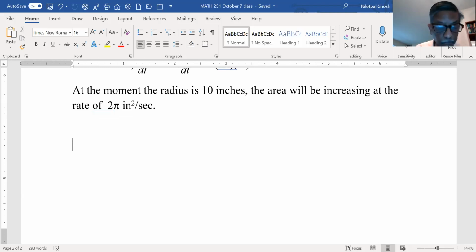A plane is flying at a certain speed, say 200 miles per hour.